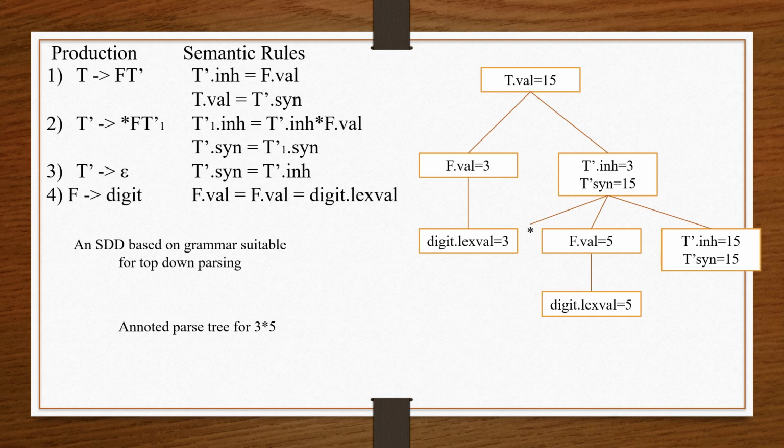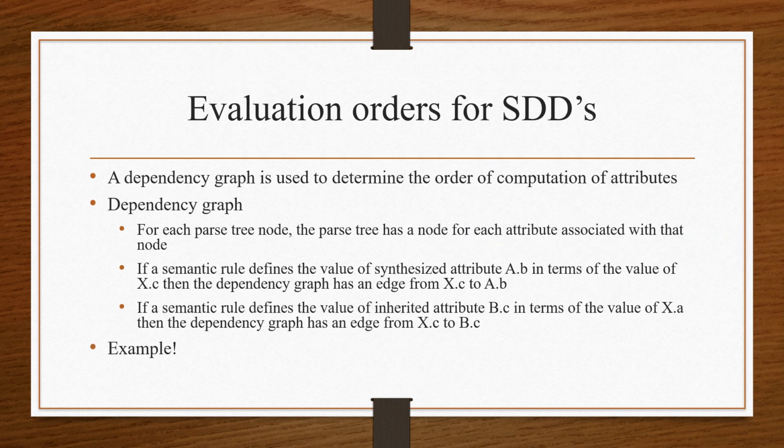Clear? This is just an SDD, a syntax directed definition, for top down parsing, a grammar for arithmetic expressions, but top down parsing. So, evaluation orders for SDD. A dependency graph is used to determine the order of computation of the attributes. What is a dependency graph?